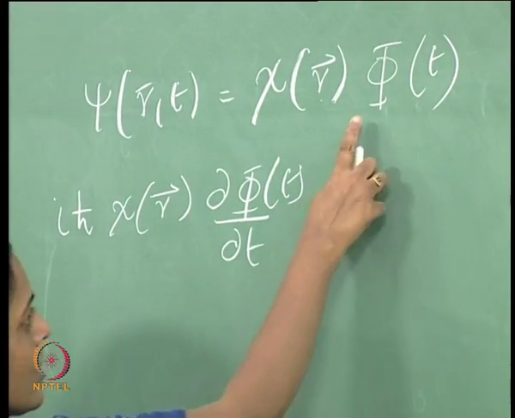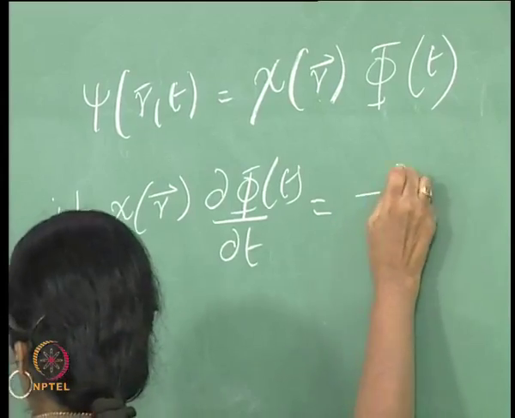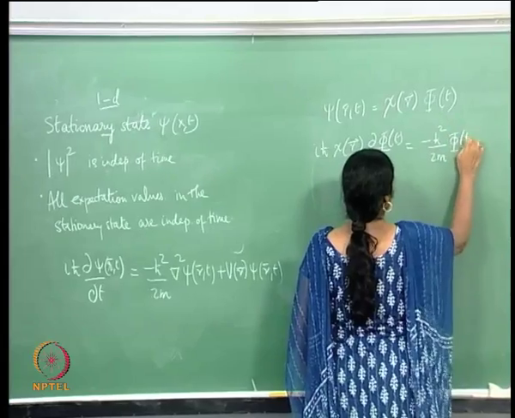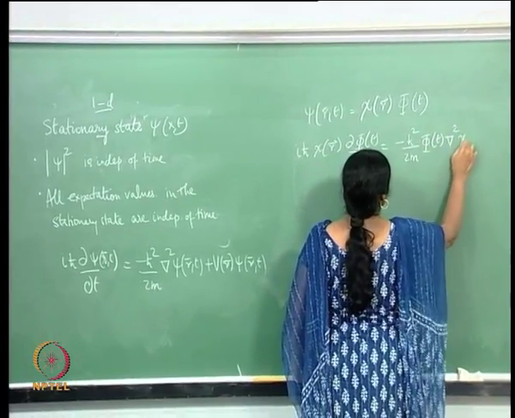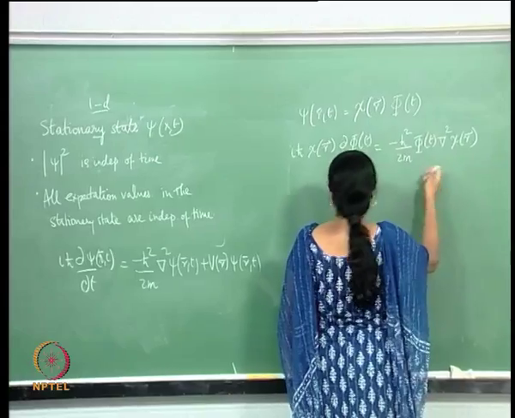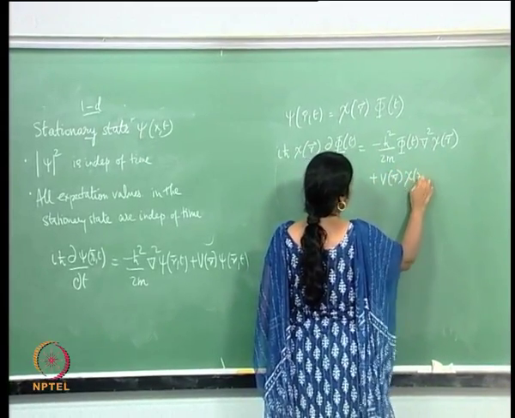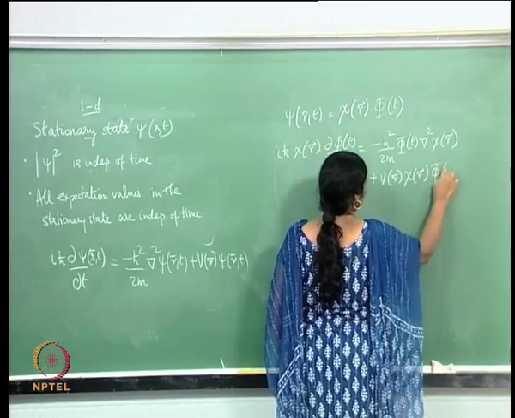The space derivative does not act on φ. And of course, I have plus V(r) χ(r) φ(t).